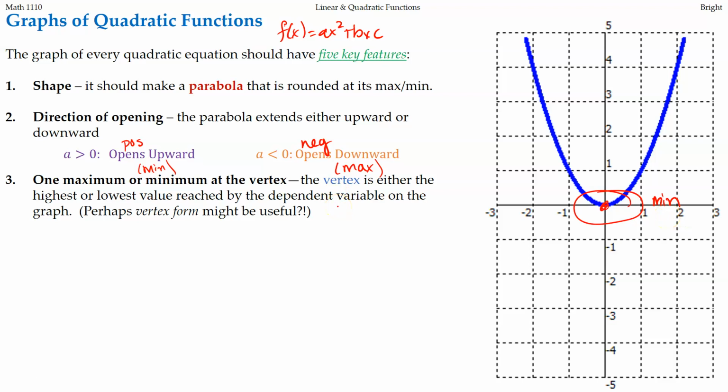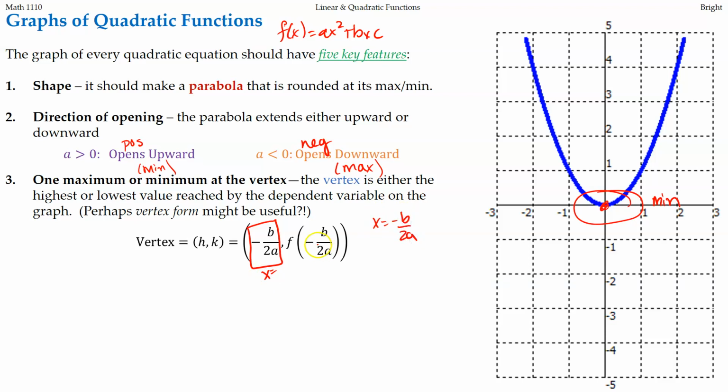If it's in vertex form, the vertex is just at (h, k). Otherwise, mathematically, I could go through a lot of derivation, but what we get is an x value of minus b over 2a.